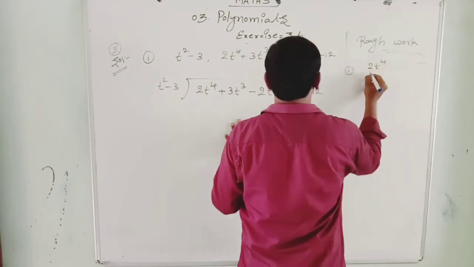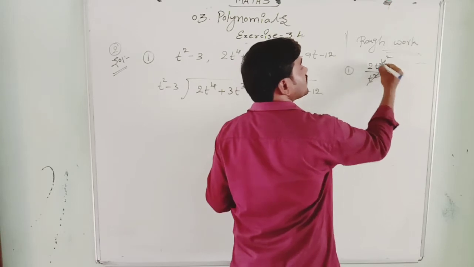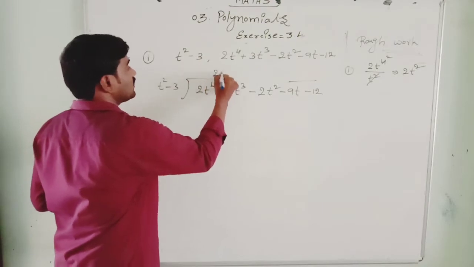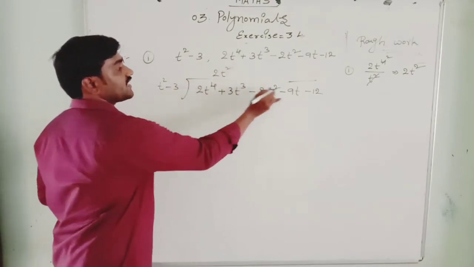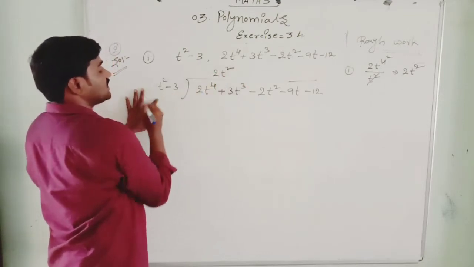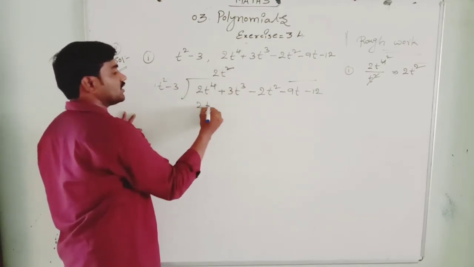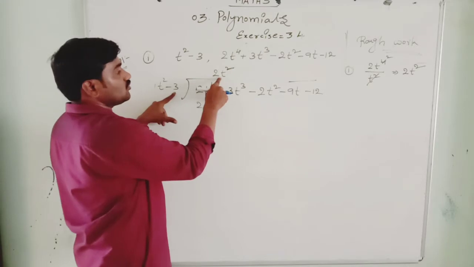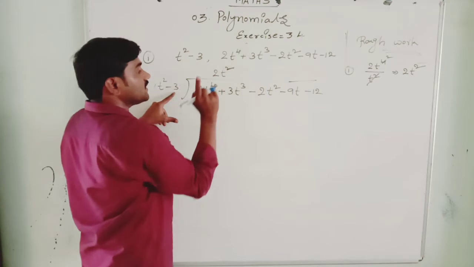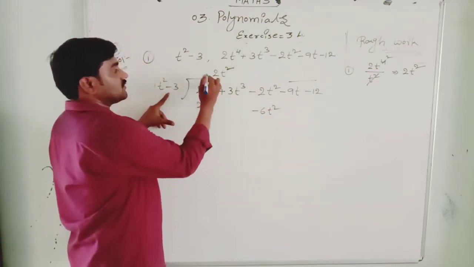2t to the power of 4 by t square: the t's cancel and 2t square remains. Here the degrees are in order, that's why I did not check now. So let us multiply 2t square by t square minus 3: 2t to the power of 4 minus 6t square.